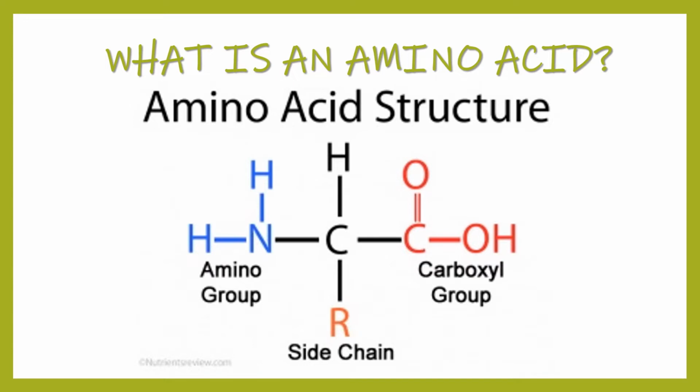On the left side you see an amino group, which always has a nitrogen attached, and the last group is the R group, or the side chain. Since there are 20 amino acids, each one is going to be very unique to itself. The R group is going to vary between the different amino acids, and they each have specific properties.